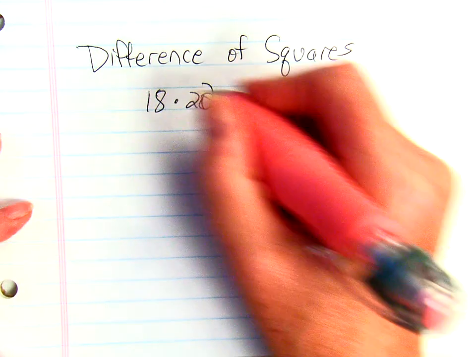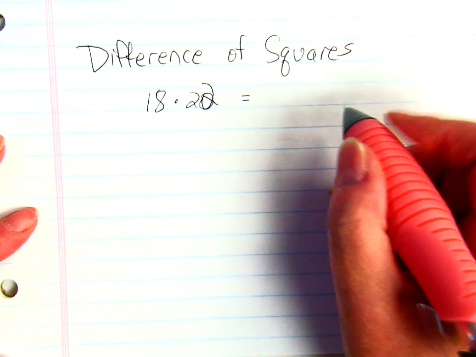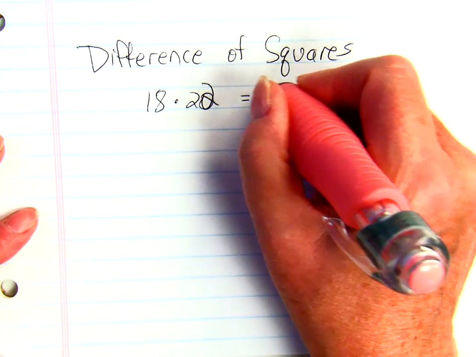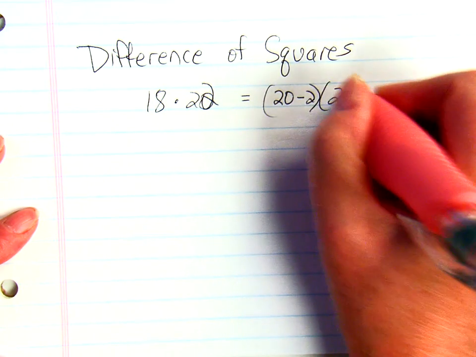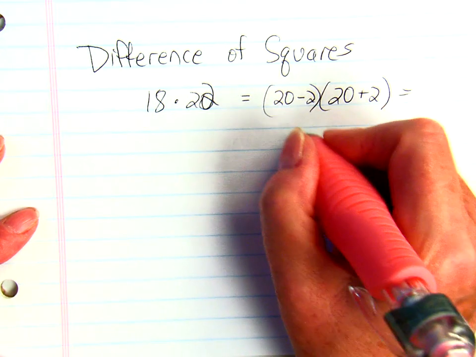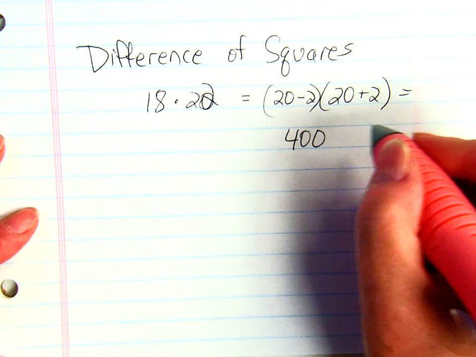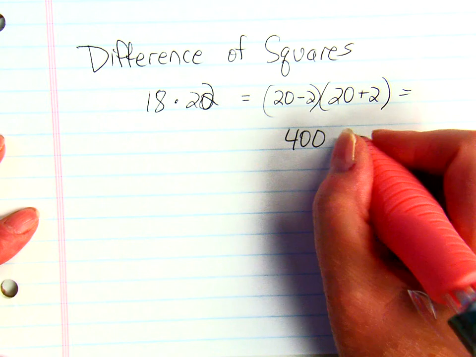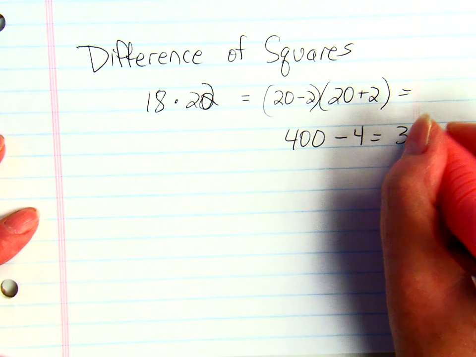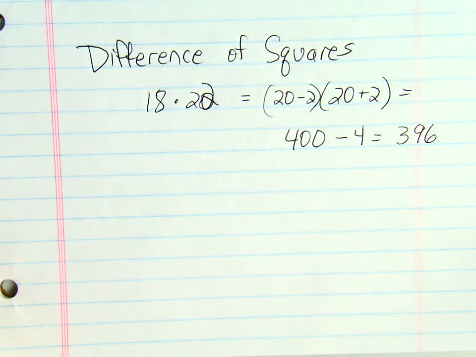Okay, 18 times 22 is the same as saying 20 minus 2 times 20 plus 2, which is equal to 400 minus 4, which is equal to 396. Okay, so that seems easy enough.